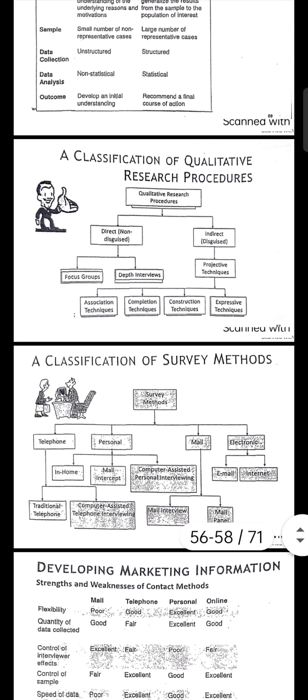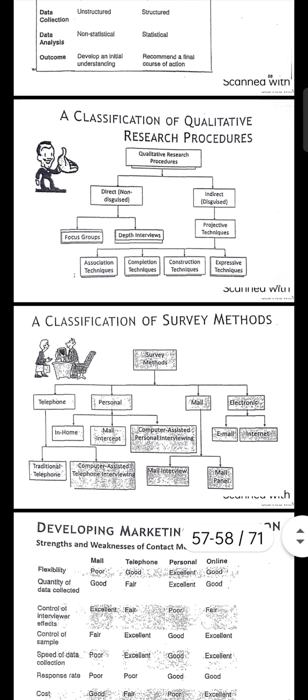Then, coming to the next topic, a classification of qualitative research procedures. Qualitative research procedures are direct, non-disguised, and indirect, disguised. The direct one includes focus groups and depth interviews.